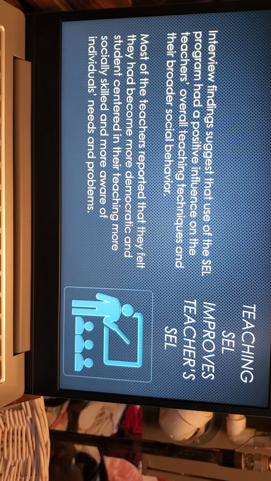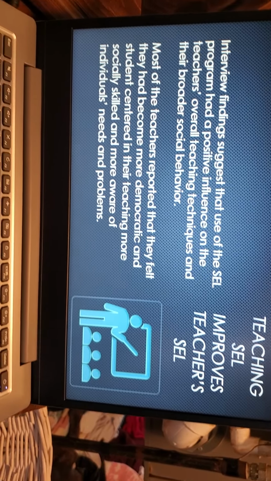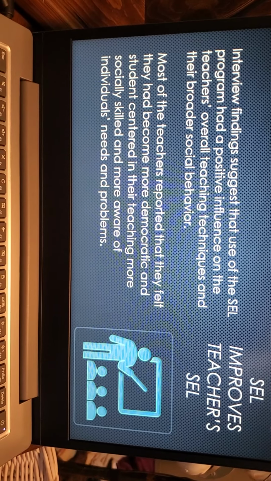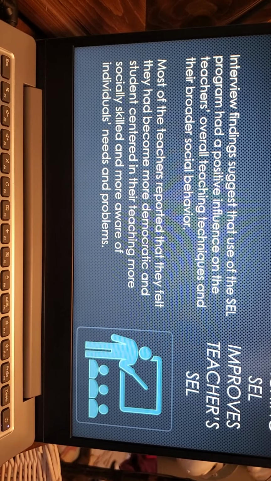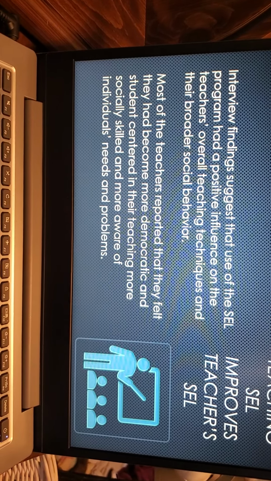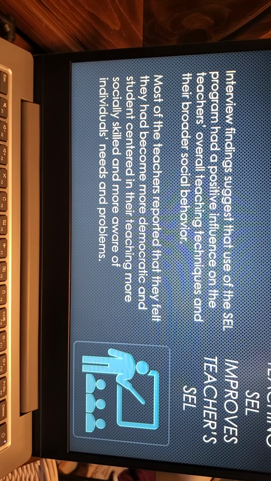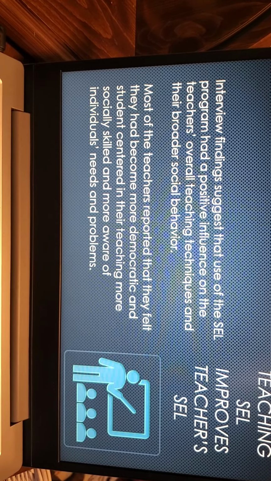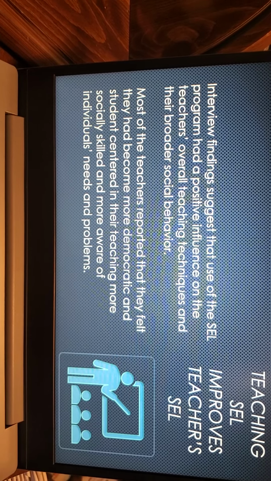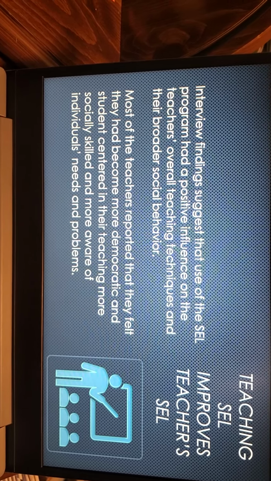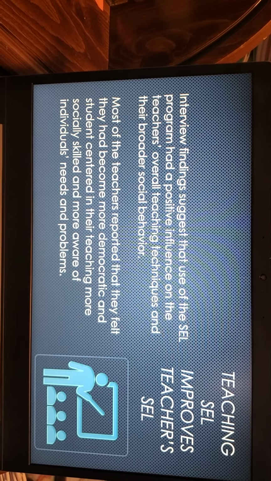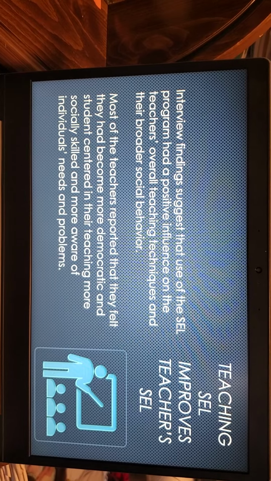From interviews, they found that using the SEL program had a positive influence on teachers' overall teaching techniques and their broader social behavior. They reported that they felt they had become more democratic and student-centered in their teaching, more socially skilled, and more aware of individuals' needs and problems.